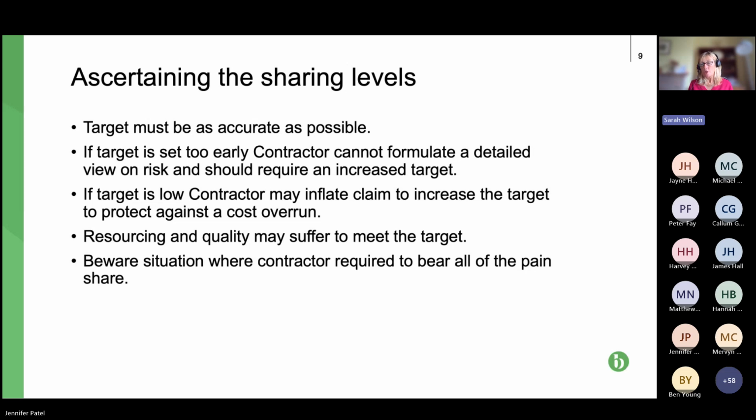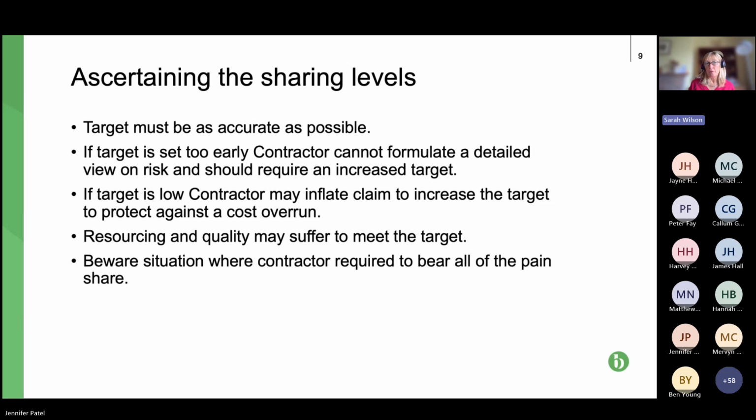Sometimes the way it's shared between the parties results in any pain, particularly once it's over a certain amount, being borne by the contractor. So then that ends up effectively being a capped contract. Once the contractor gets a certain percentage over the target, they know that cost is being borne by them.